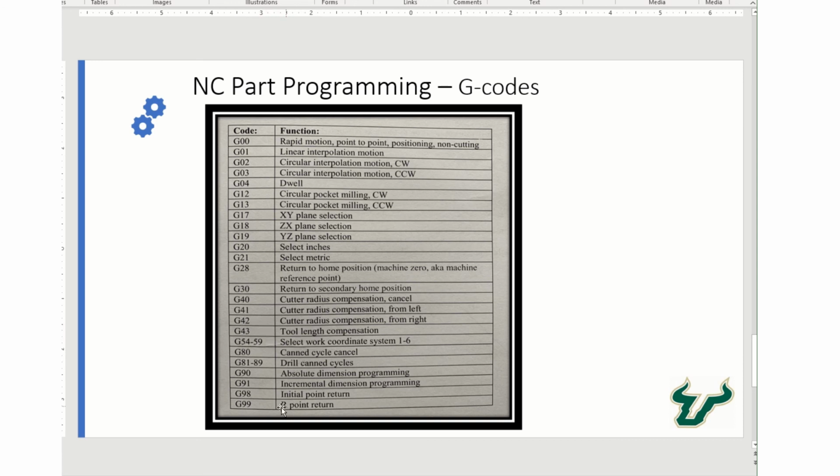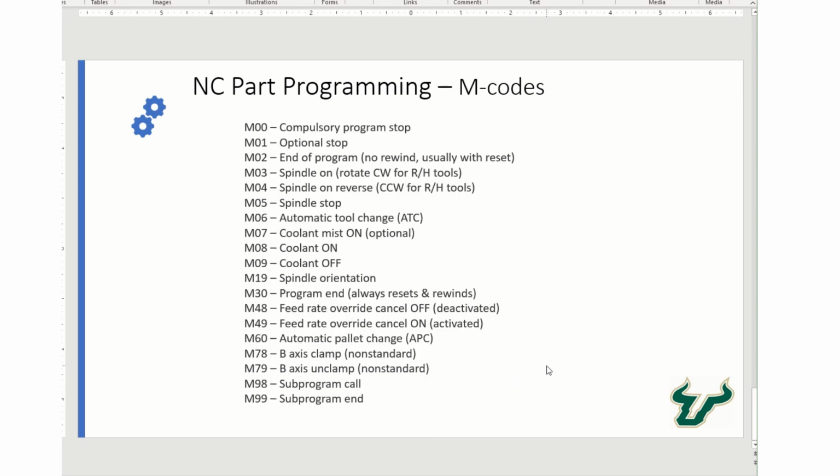All right, so some of these other G codes you can just take a look at, and once you start writing or get more familiar with all these G codes, then you will start remembering the functionalities of all these different G codes. And then similar to this, there are M codes as well, which are auxiliary functions.